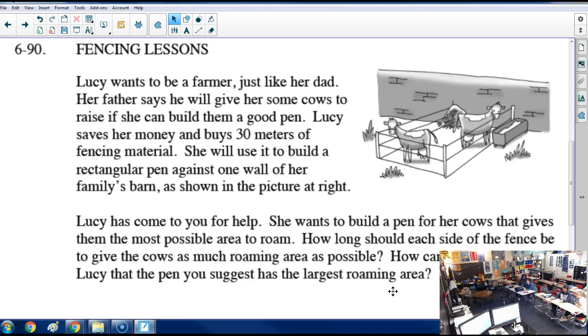Fleas on rats. I'm just going to do this, I'm not reading it.